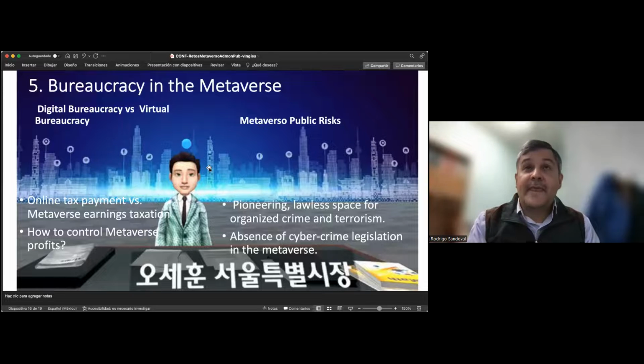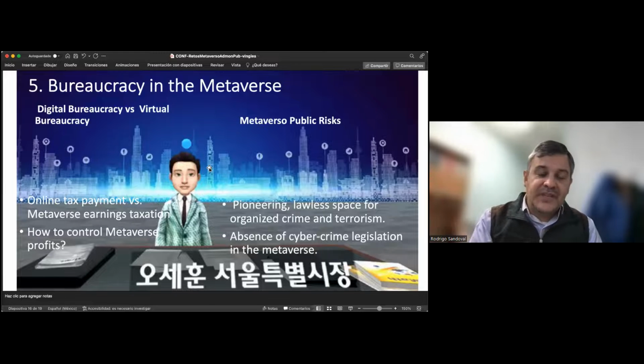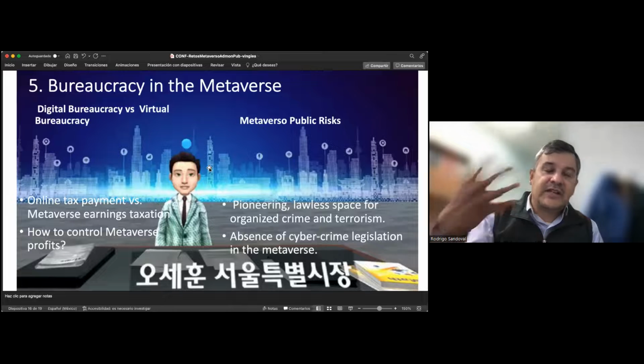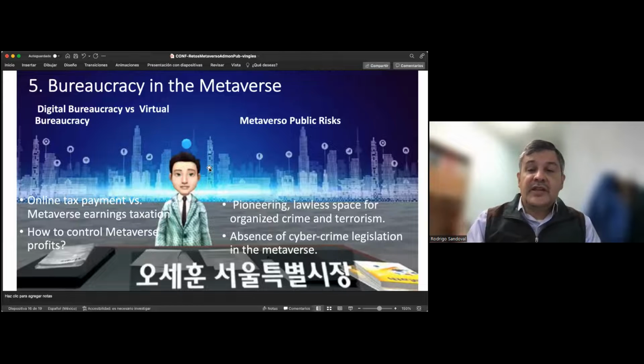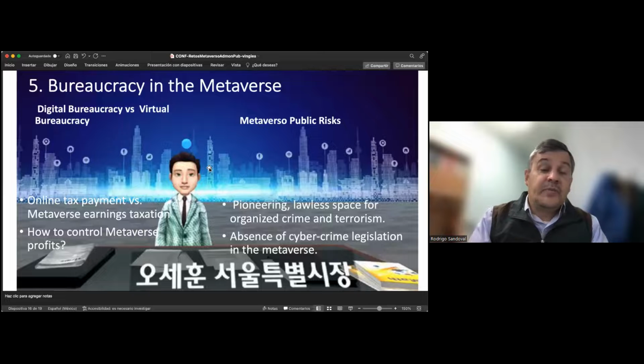It has to be a smart government to understand the risk, to understand the uses of the metaverse for committing some crimes or for making terrorist acts. And this is side by side with the complete absence of cybercrime legislation in the metaverse.